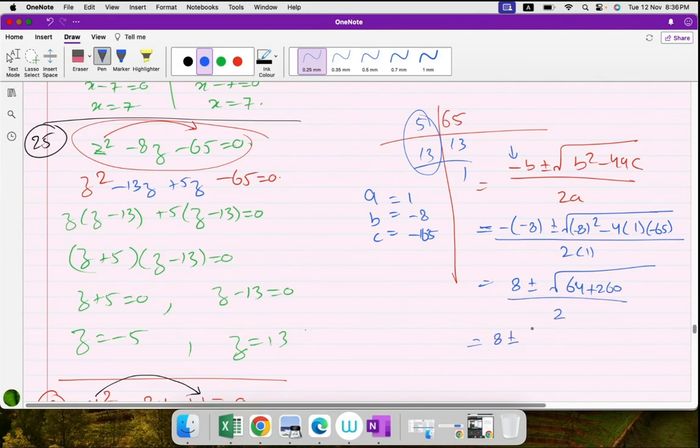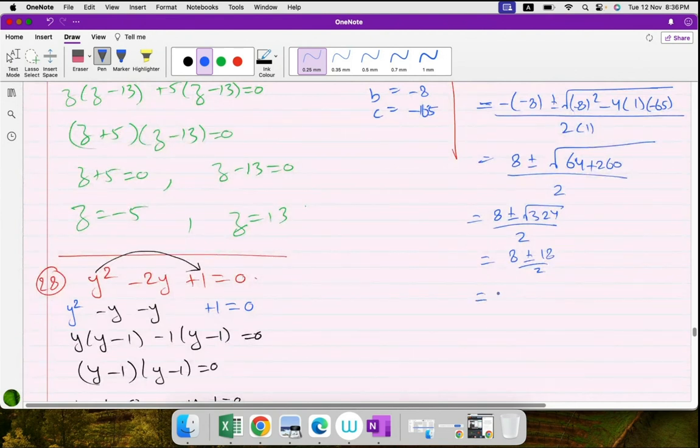That's 8 plus minus square root of 260 plus 64, which is 324, over 2. Square root of 324 is 18. So that's 8 plus minus 18 over 2.